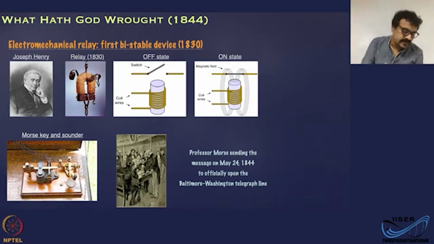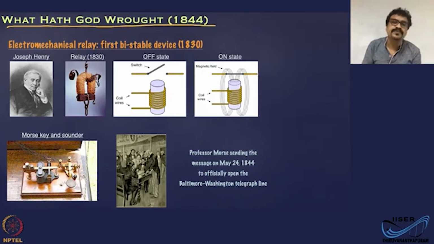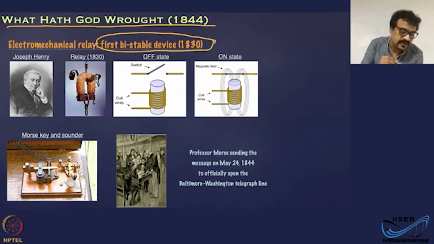Here, we are looking at probably the first electrical device, that is a switch, or we call it a relay, or a bistable device. So you can open or close a switch by the application of current through a certain coil. That is what is shown here.